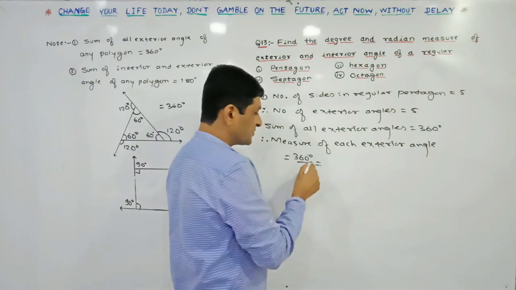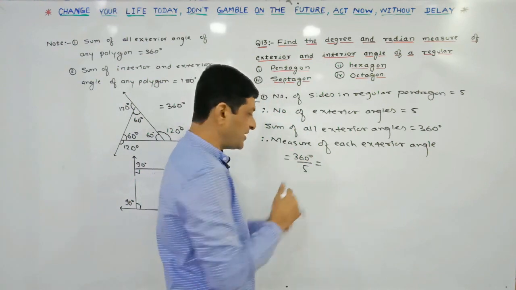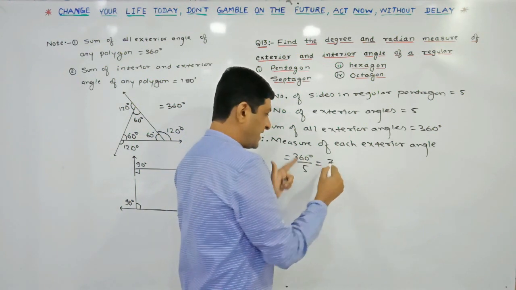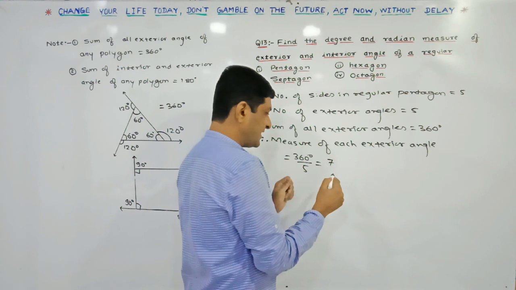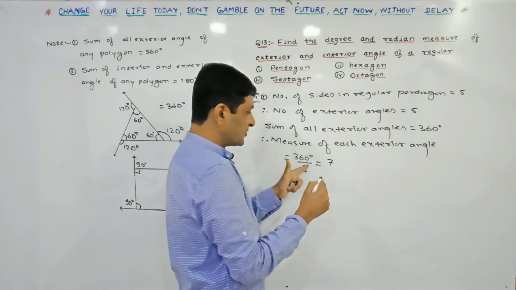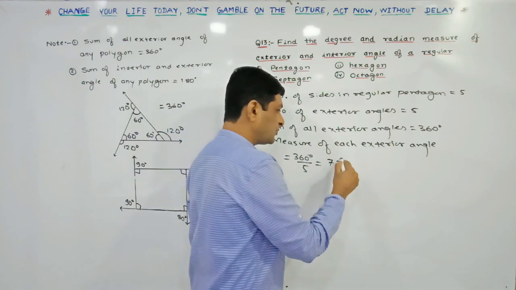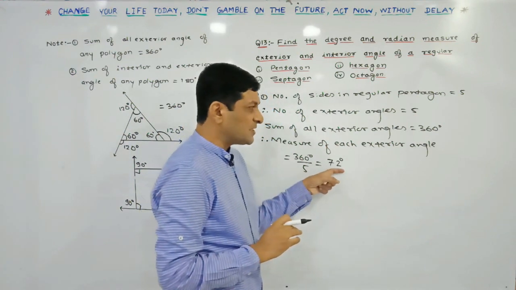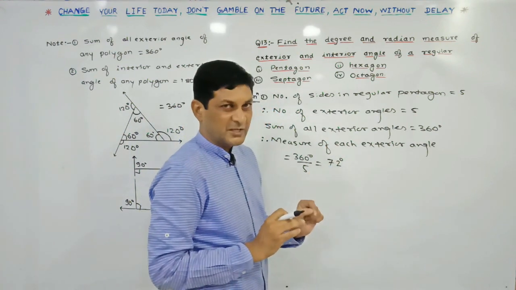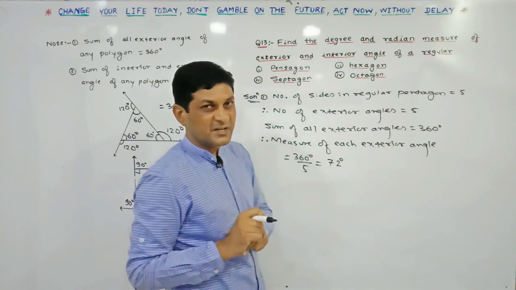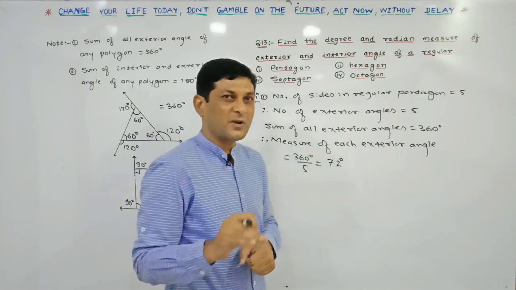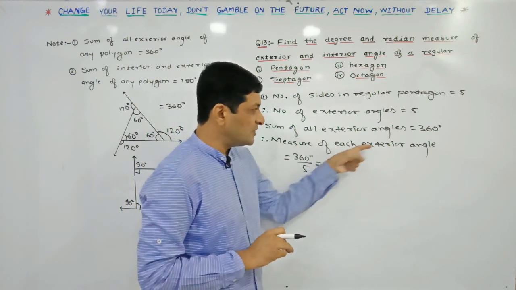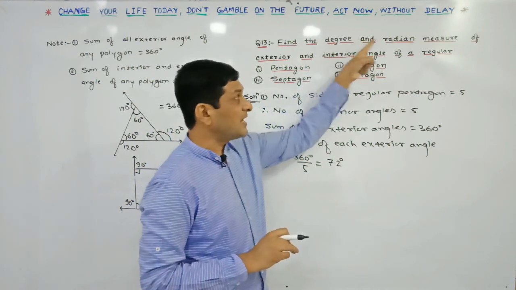If we divide 360 by 5, what will we get? 5 sevens are 35, then 10. 5 twos are 10, so we get 72 degrees. So the measure of each exterior angle is equal to 72 degrees. Using this exterior angle we are able to find the measure of the interior angle also. But before that we have to find this exterior angle in degrees and in radians.